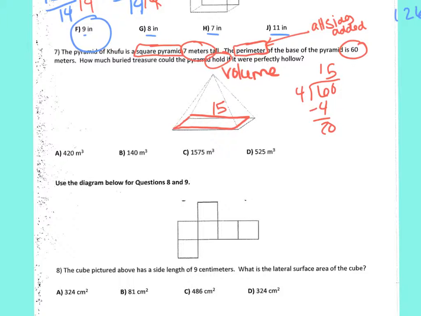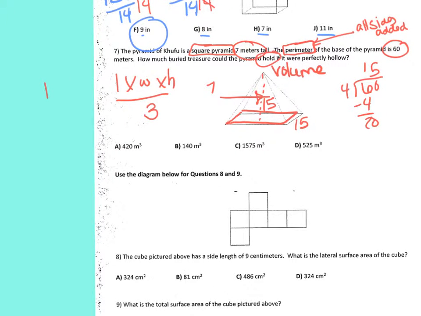So that means I got 15 here, 15 here. So I've got length, I've got width. And it said it was 7 meters tall, so that's your height.